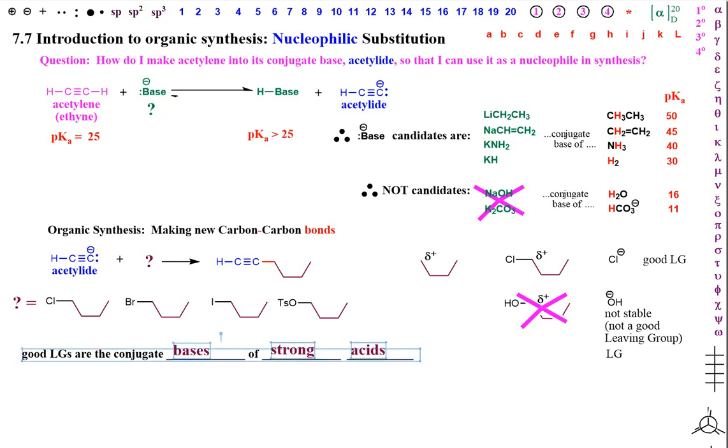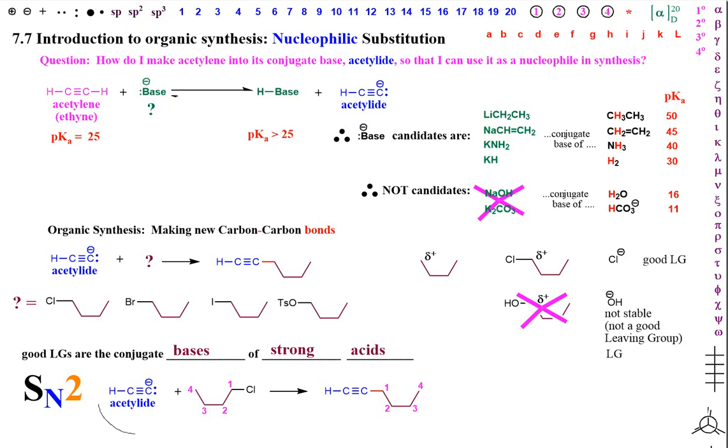So let's look at the actual mechanism for this reaction. It's a very simple mechanism, the simplest of the semester. Here we have acetylide, the nucleophile. We have 1-chlorobutane, the electrophile.